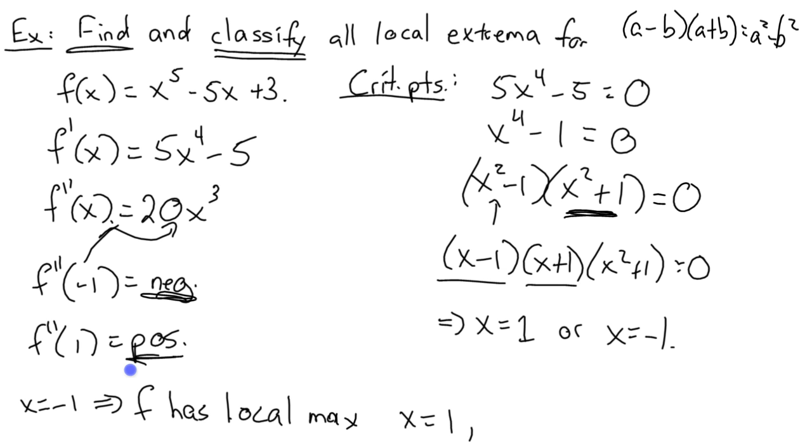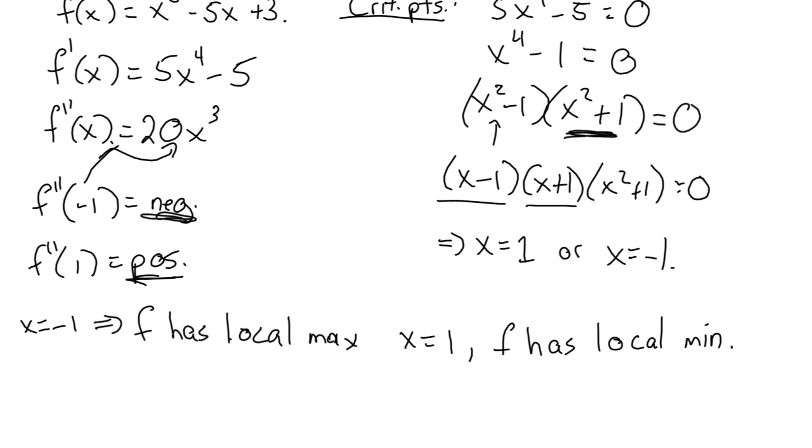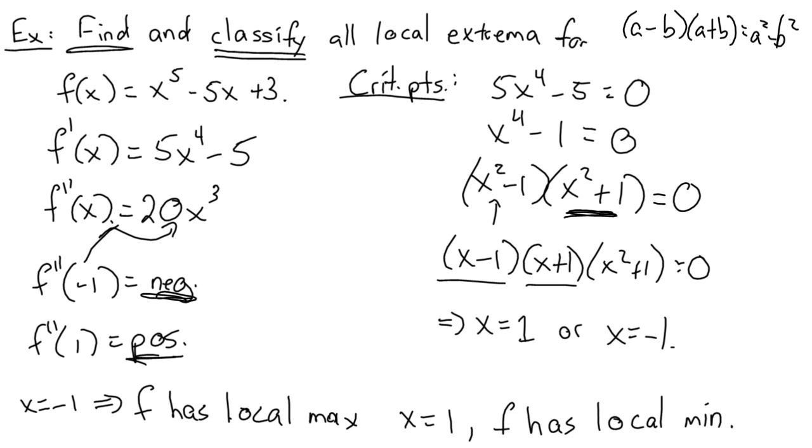So we have a critical point where the function is concave up. F has a local min. We know those are the only places because Fermat's theorem tells us since we only have derivative 0 at those 2 points, those are the only places we could have a local max or min, and the second derivative test classifies them for us.